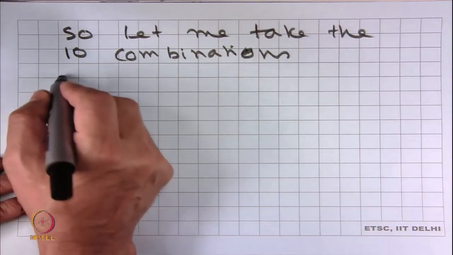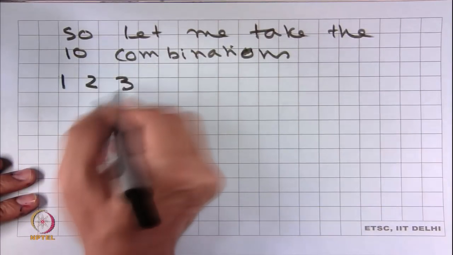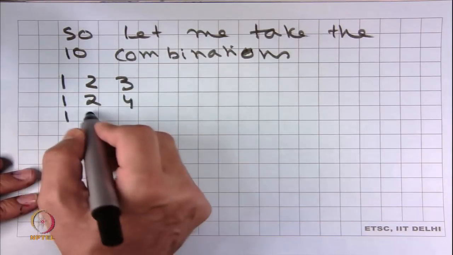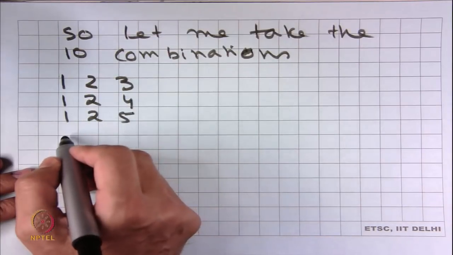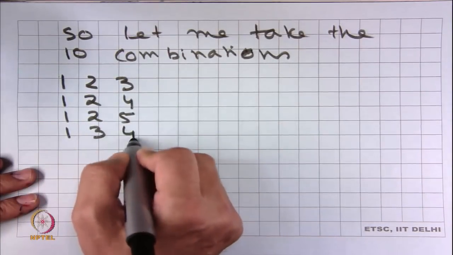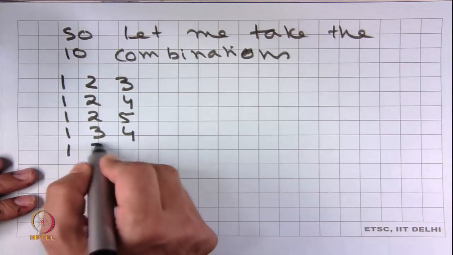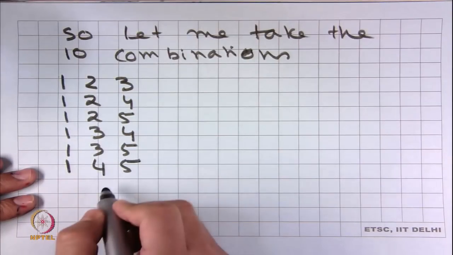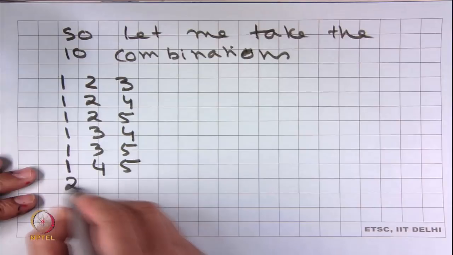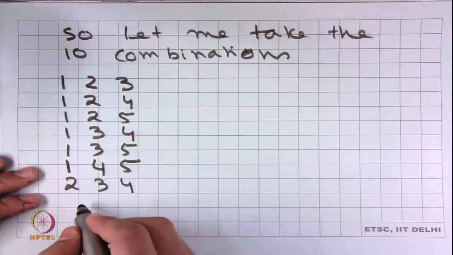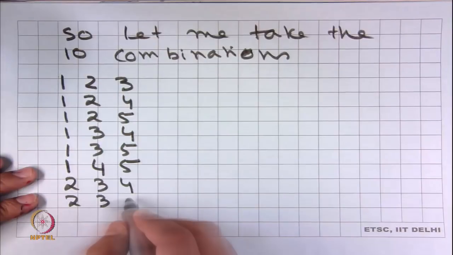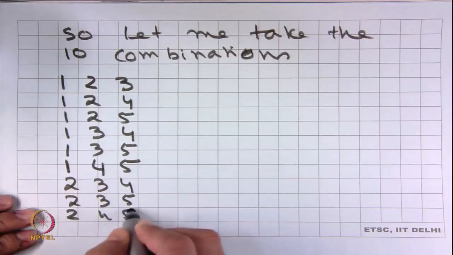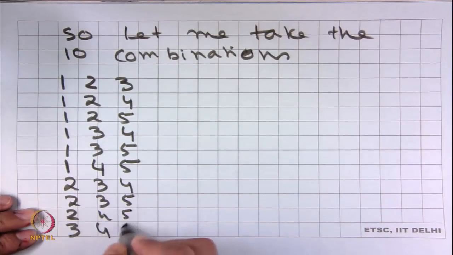These are 1, 2, 3; 1, 2, 4; 1, 2, 5; 1, 3, 4; 1, 3, 5; 1, 4, 5; 2, 3, 4; 2, 3, 5; 2, 4, 5 and 3, 4, 5.